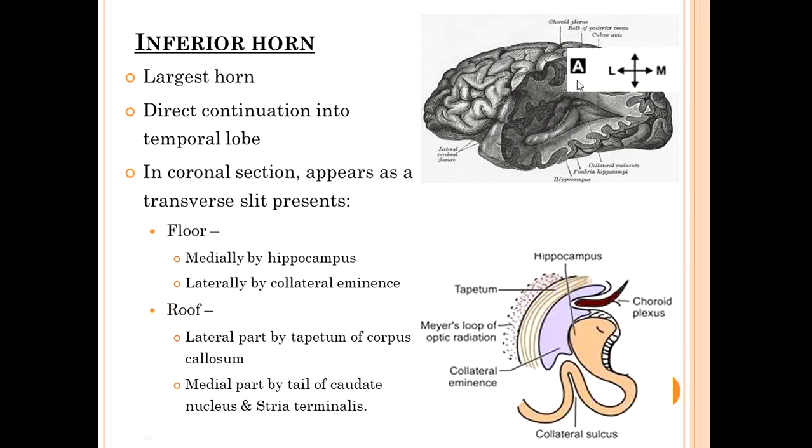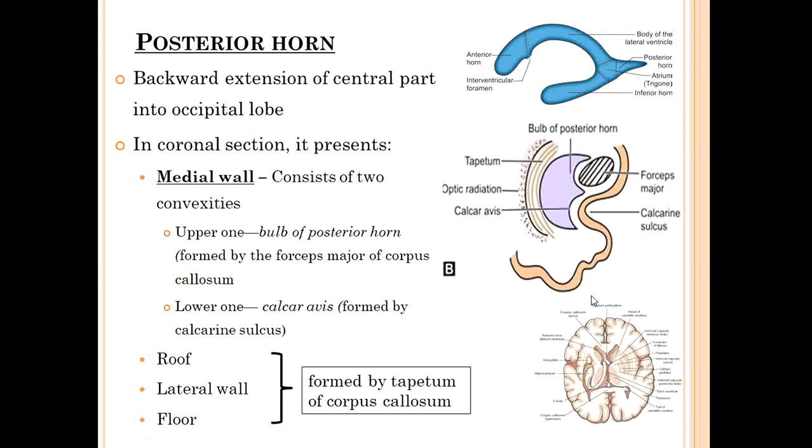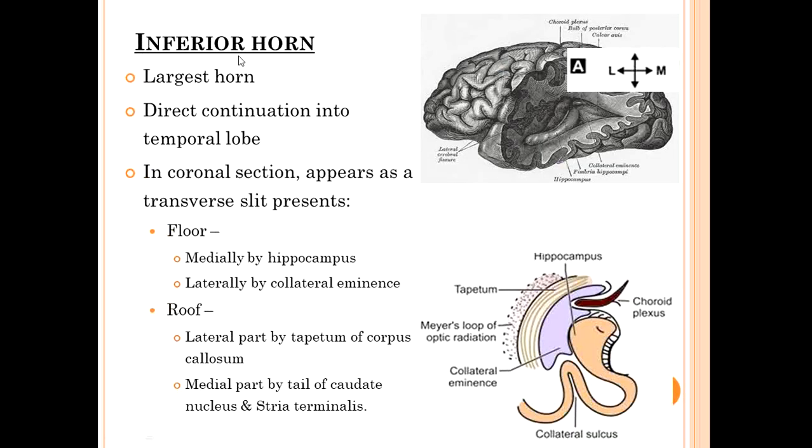Now the inferior horn. This is the inferior horn. The inferior horn is an extension into the temporal lobe. In coronal section it appears as a transverse slit. You can see here it has a floor and a roof.